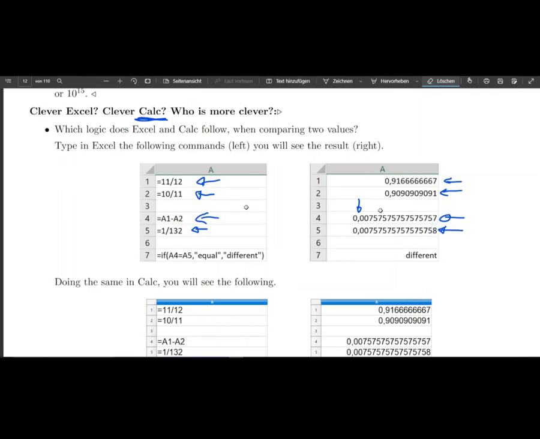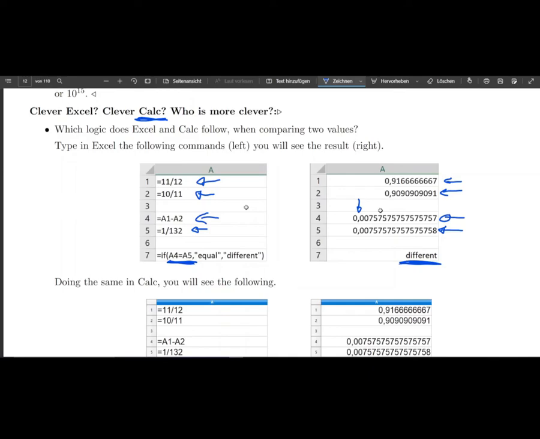And what happens if we compare what is in cell A4 and A5? If it's equal, we want to write on the screen "equal", and if it's different, we want to write "different". And doing that in Excel, the result is different. Although A1 minus A2 is 1 divided by 132. But what is the reason?